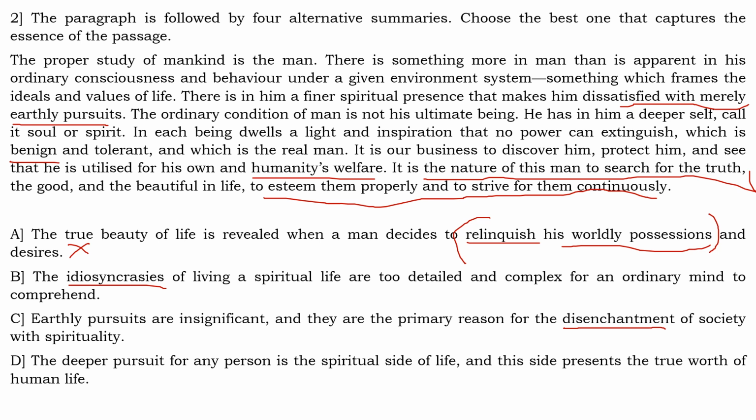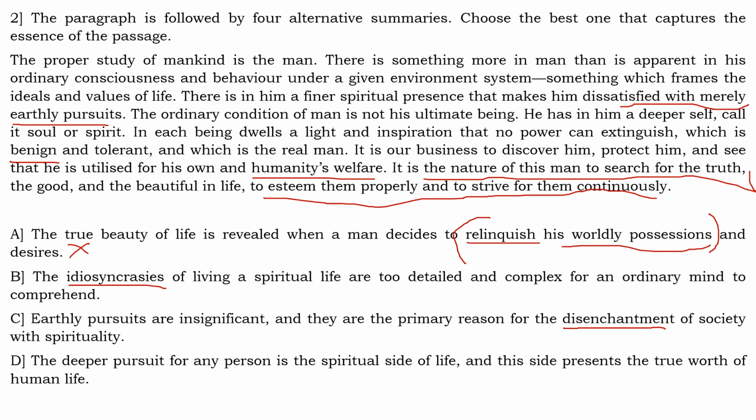Comprehend means understand. So it says that the special or typical characteristics of a spiritual life are too complicated for ordinary people to understand. Wrong again, because the passage is not distinguishing between ordinary and extraordinary people. The passage says that each and every individual has this soul or spirit within himself that is always trying to discover the truth or understand the meaning of life.